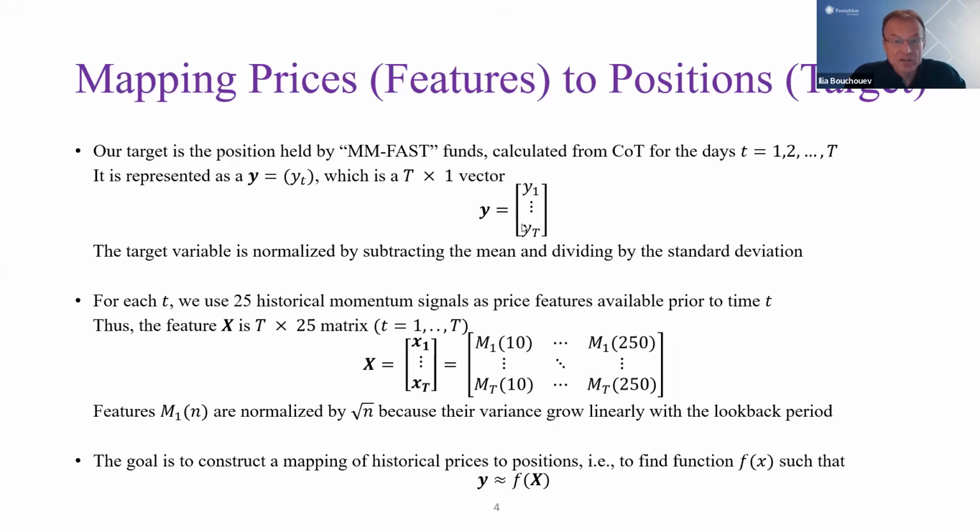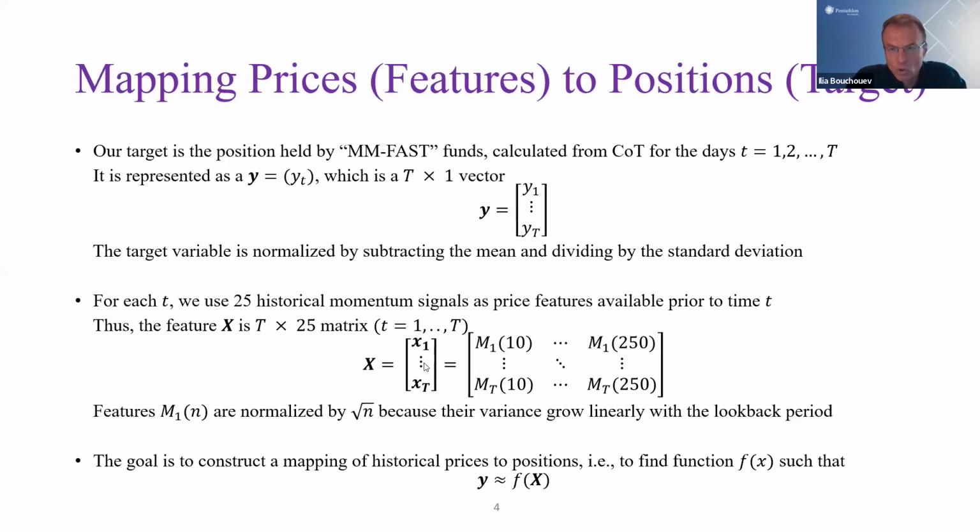And then our features, in this case, for every day, say x1 is for day 1, you have 25 momentums. You have 25 momentums that represent historical prices on day 1. So you have a vector here. Each row is a vector.